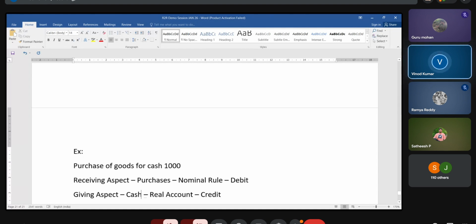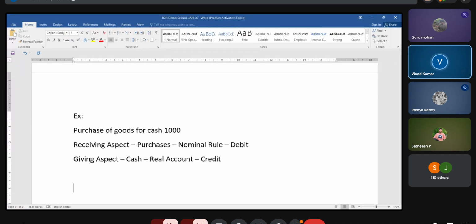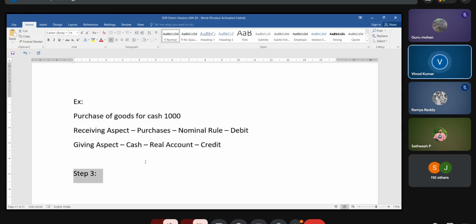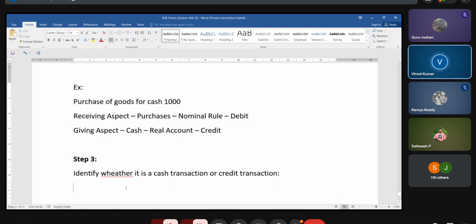So once after identifying the aspects of accounts, the next important parameter, step three, is: identify whether it is a cash transaction or credit transaction.